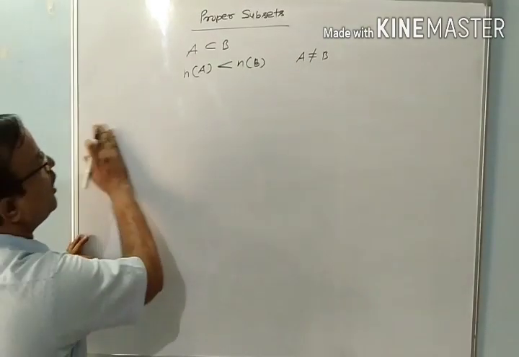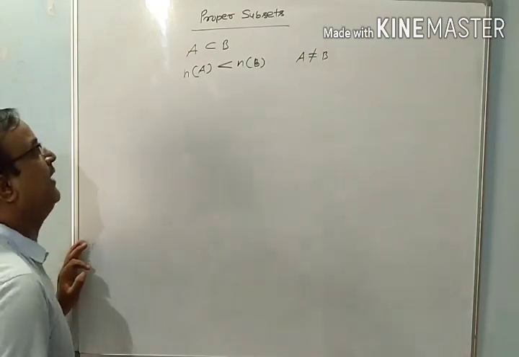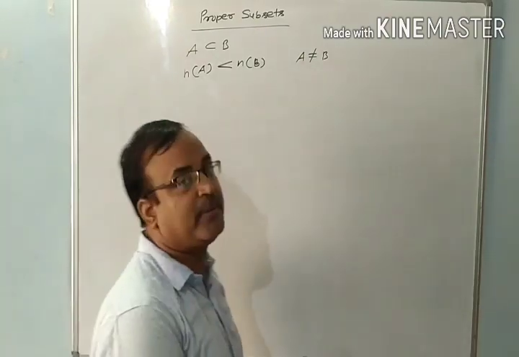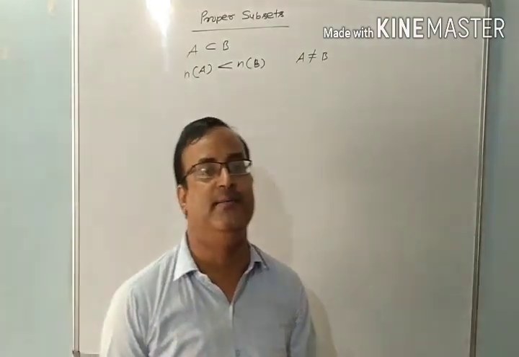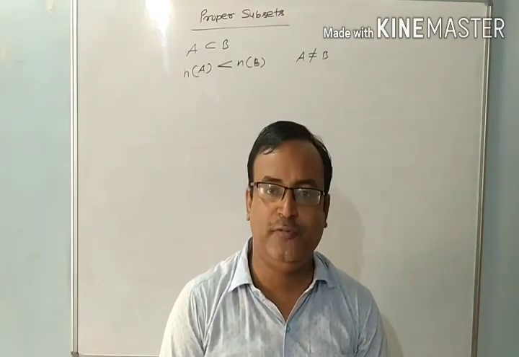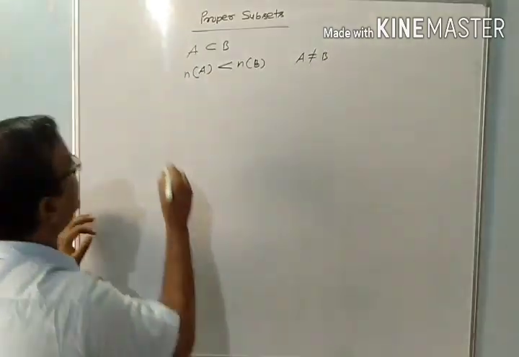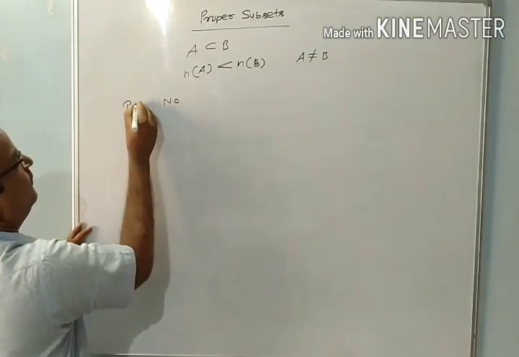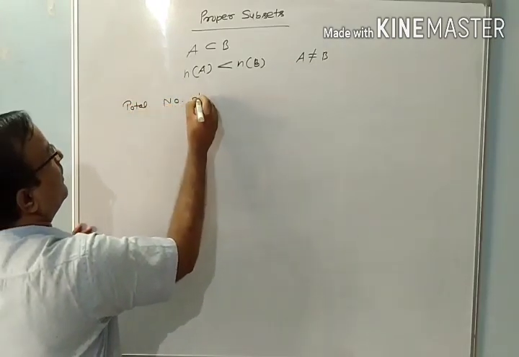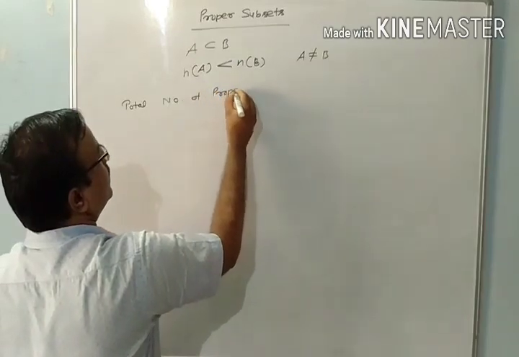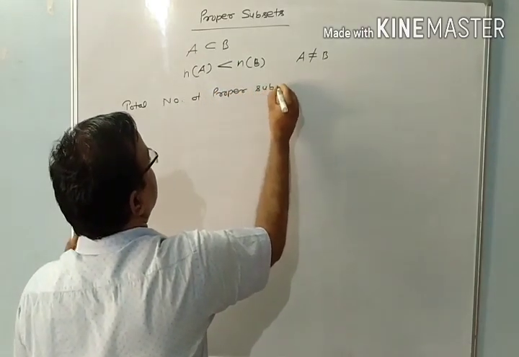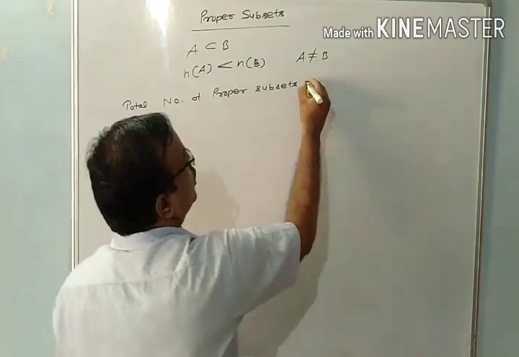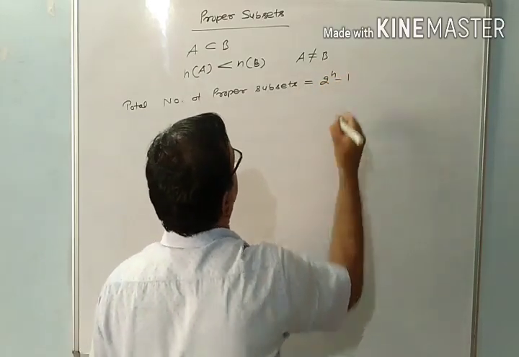Clear? Now, in order to find the total number of proper subsets, we should know the formula by which we can find the total number of subsets. So, the total number of proper subsets is equal to 2 to the power n minus 1.